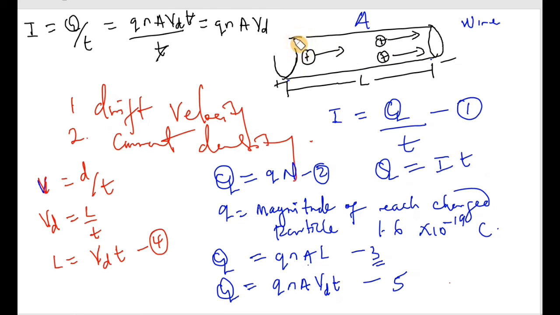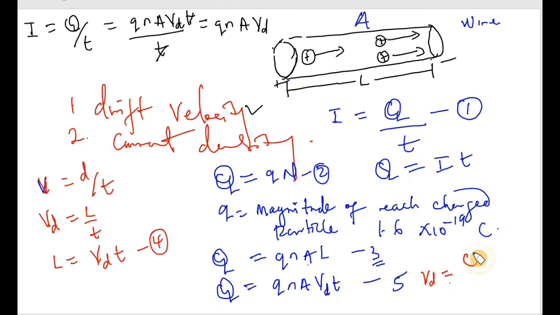Of course, when we make v_d the subject of the formula, we have v_d = Q/(qnAt).